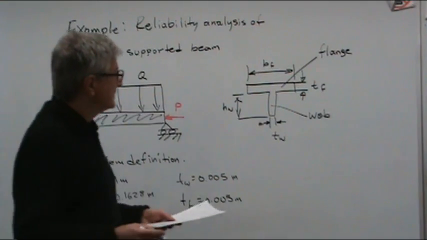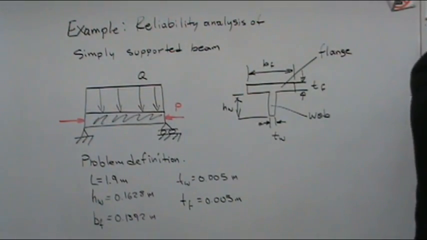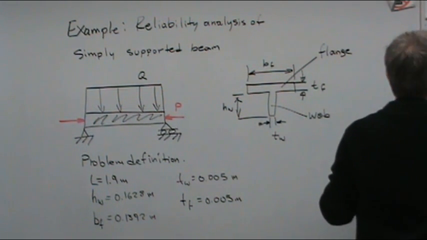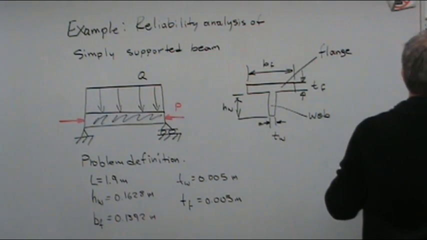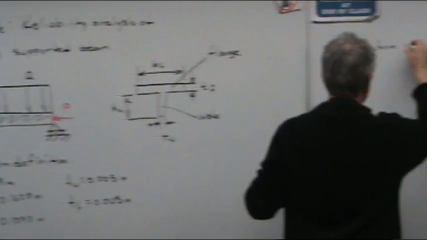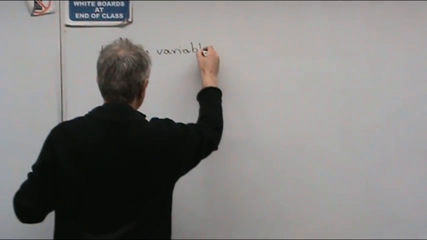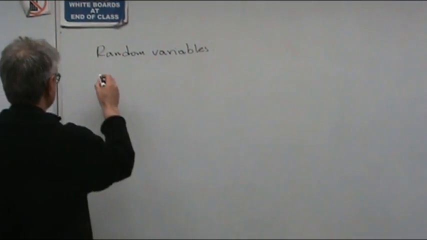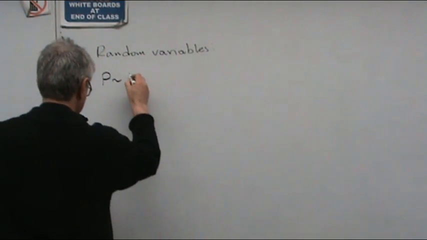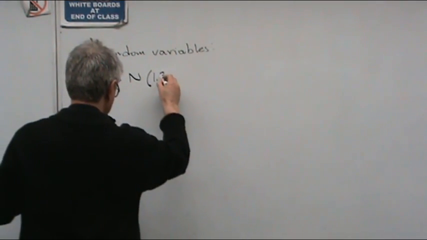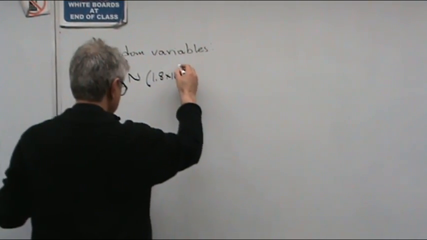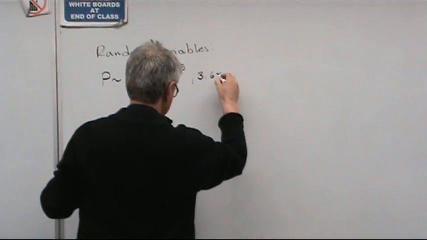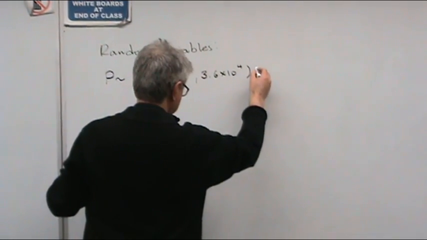Now, the random variables and their distributions. The axial force is normal with mean value 1.8 by 10 to the fifth and standard deviation 3.6 by 10 to the fourth newtons.